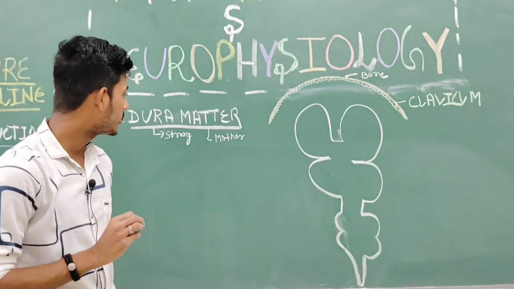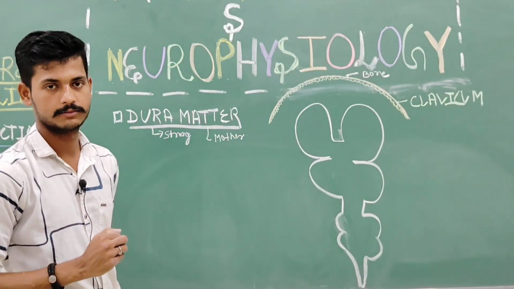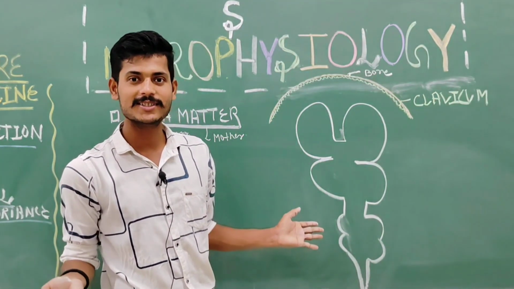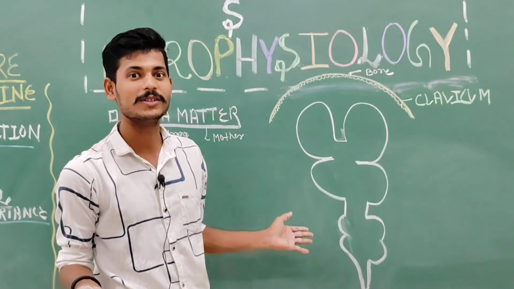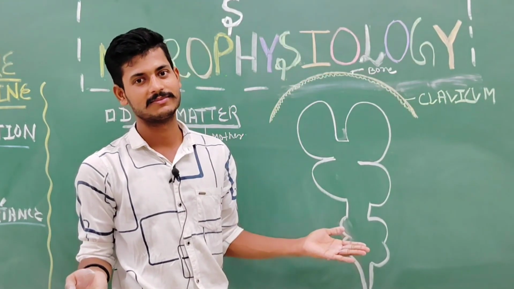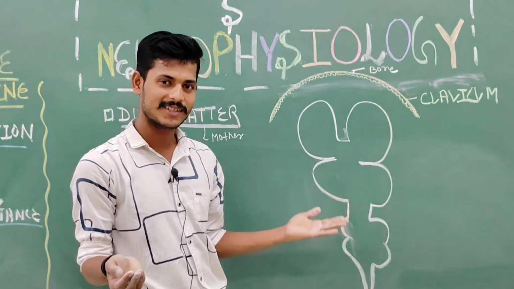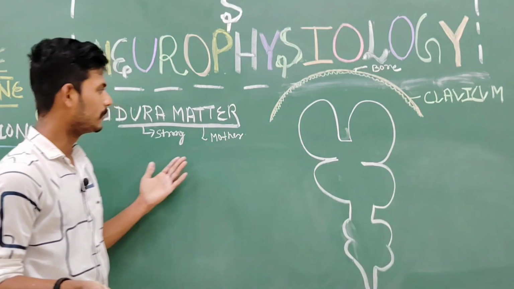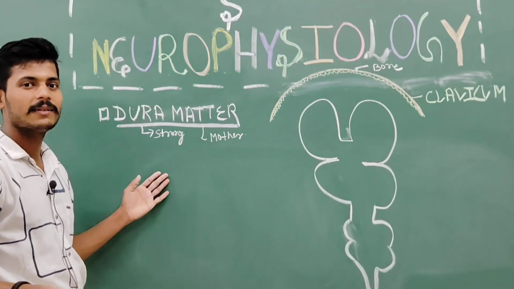So it's a strong mother who protects her child. And here, who is the child? The entire central nervous system is the child, whereas the dura mater is working like a mother.